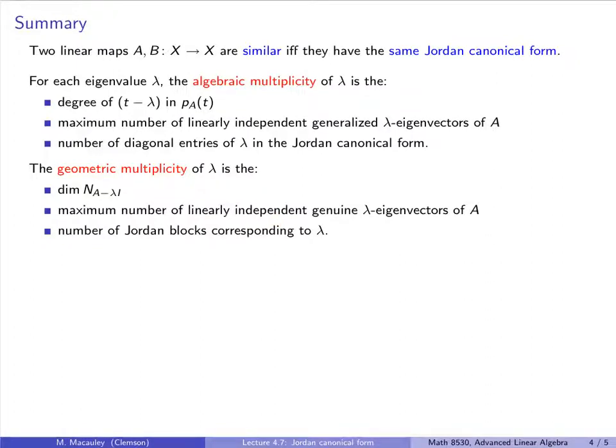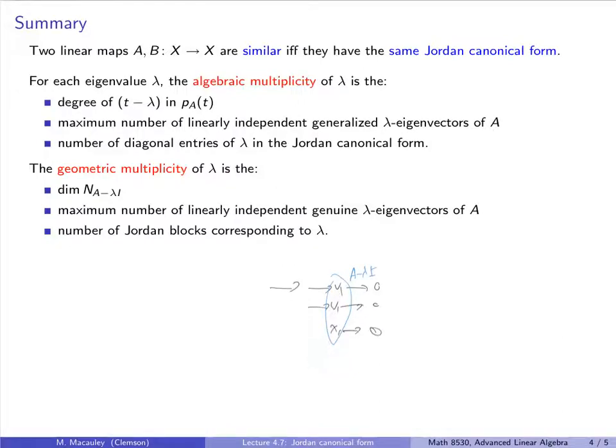In terms of our chain diagram that you're probably sick of by now, it's the number of chains, because this is v1, w1, x1. What are the genuine eigenvectors? They are these. Each chain has one of them, the one that gets mapped to 0 via A minus lambda I.